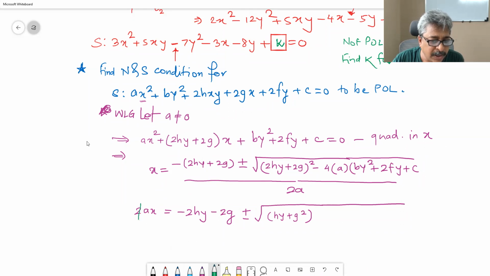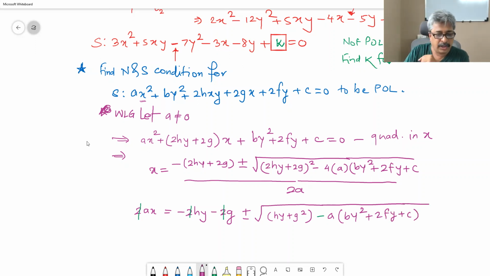Minus a times (by square plus 2fy plus c). Now we want this to be a perfect square, or it should be 0.